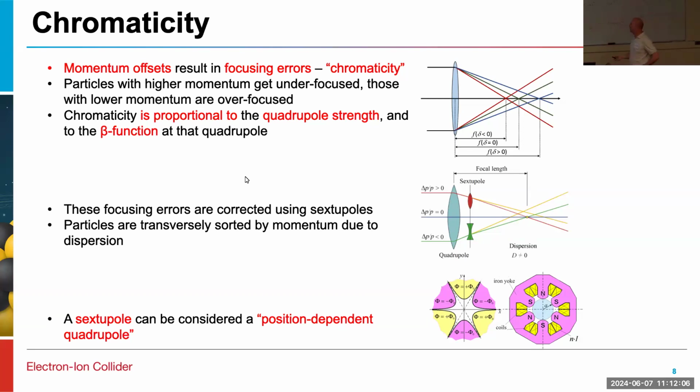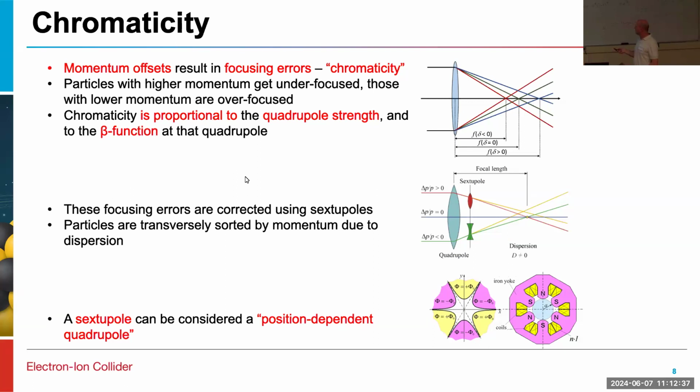So the dispersion sorts these particles basically relative to their longitudinal momentum. And what I then do is place a magnet there that is basically a position-dependent quadrupole. Since the particle further outside has a larger momentum, it has experienced less focusing in the quadrupoles, so I want to give it more focusing. I want to correct this focusing error.